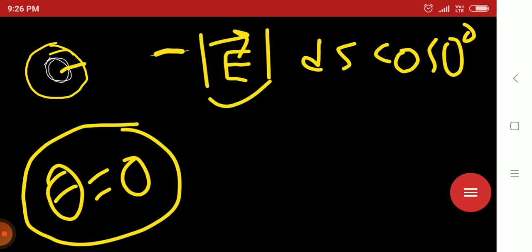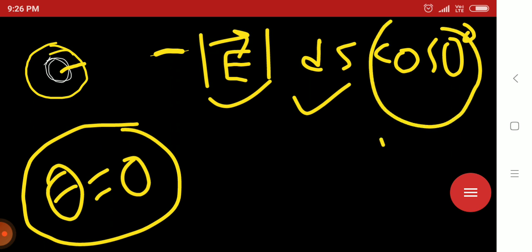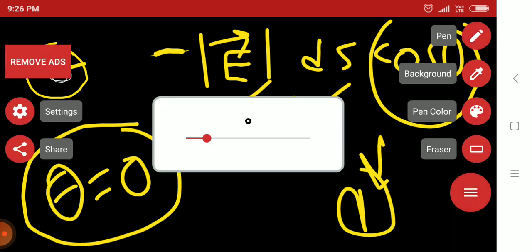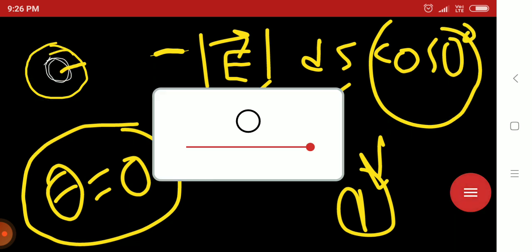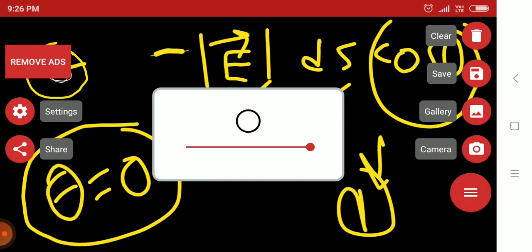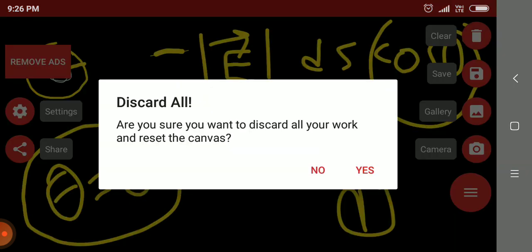So the electric field vector and the area vector are both in the same line, both parallel. So theta equals 0, and cos 0 is 1. Now we will apply Gauss's law.